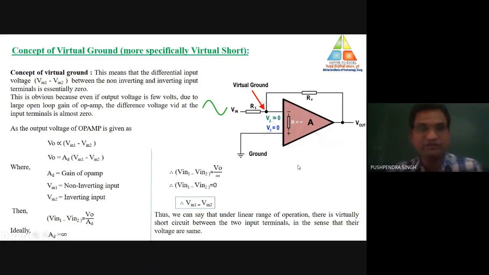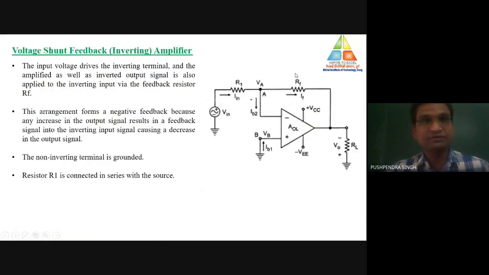So this is one of the important concepts. In each and every solution related to the operational amplifier, we will use this concept for getting the solution. This is one of the most important concepts of the operational amplifier, that is the concept of virtual ground.